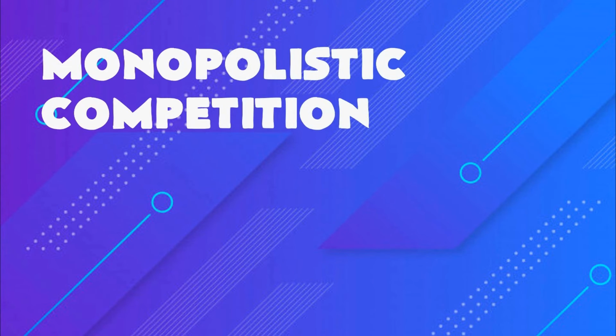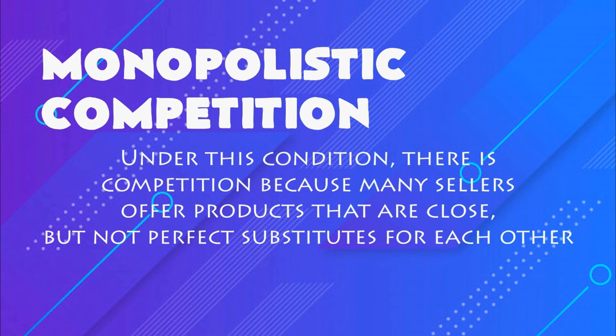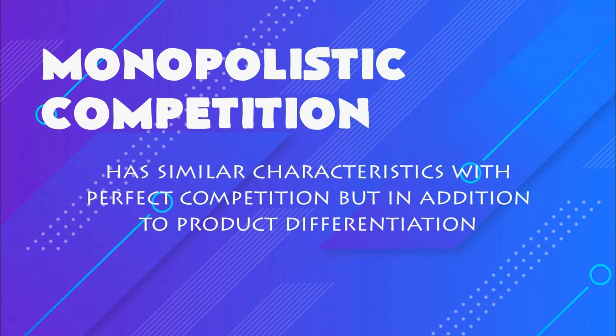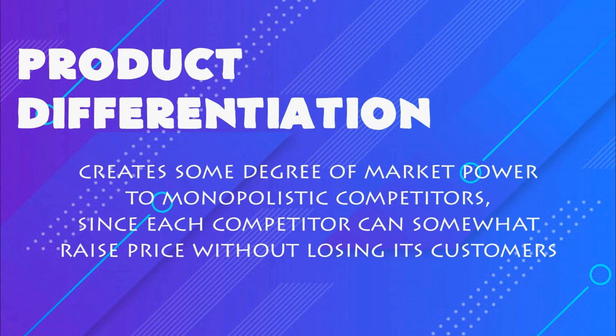Monopolistic competition is a market situation in which there are many sellers producing highly differentiated products. Under this condition, there is competition because many sellers offer products that are close but not perfect substitutes for each other. Monopolistic competition has similar characteristics to perfect competition, but in addition, product differentiation creates some degree of market power for monopolistic competitors.